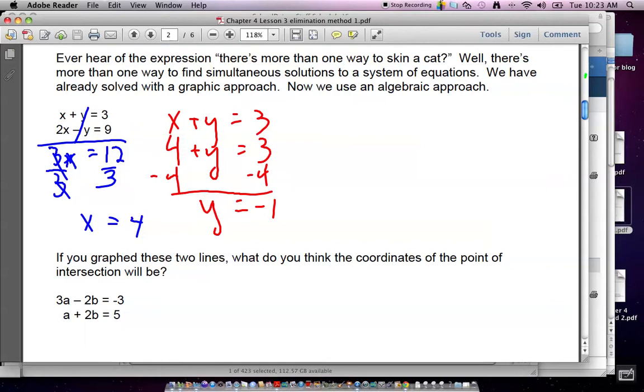That's right, 4, negative 1. Very good. Remember, any point is xy. Didn't we say the x was 4? And didn't we say the y was negative 1? So we found the answer. Now, I could have graphed it. And if I graphed it, they would cross at 4, negative 1.